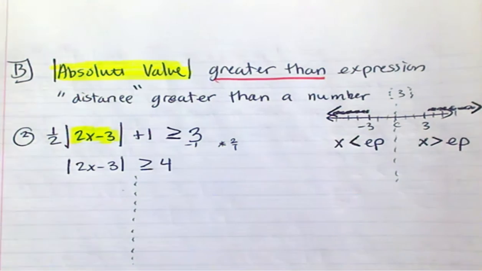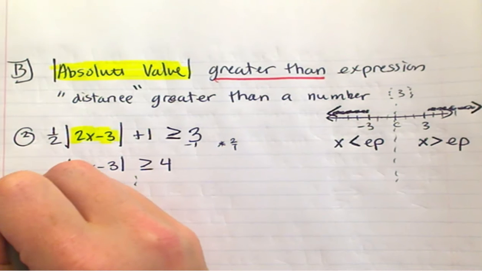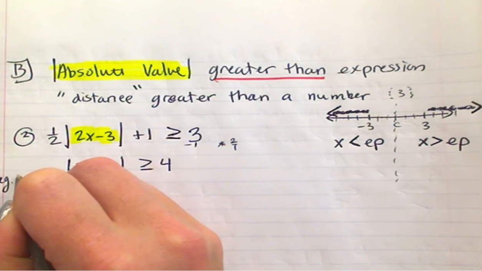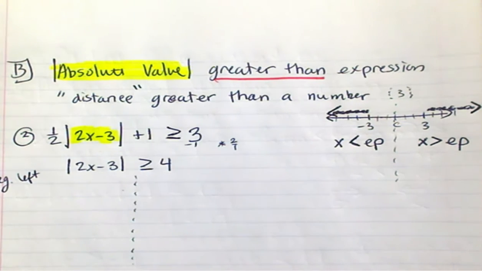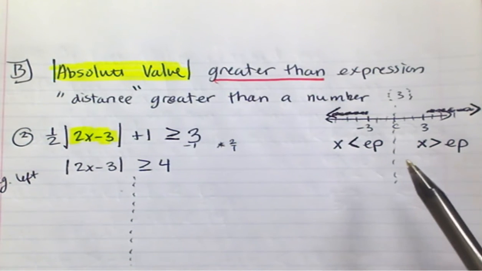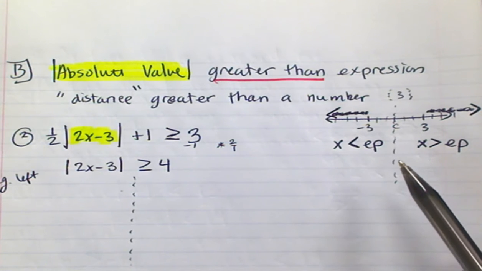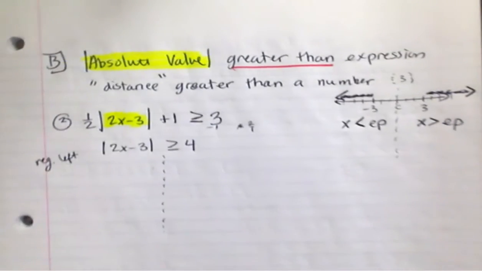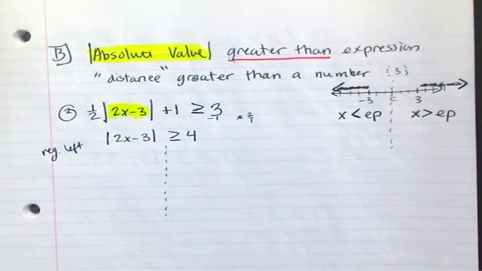I still have the negative direction and the positive direction. Okay, negative, or to the left of the center. What's happening to the left of the center? I need my arrow to go to the left.